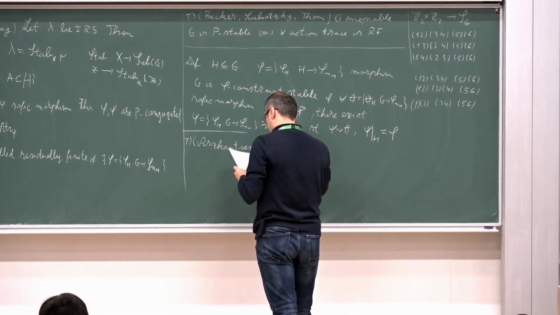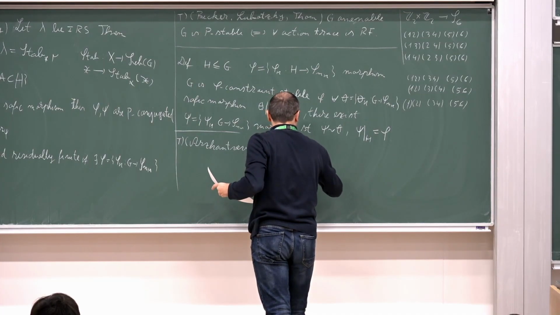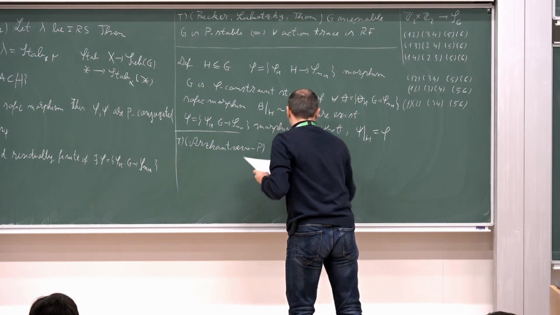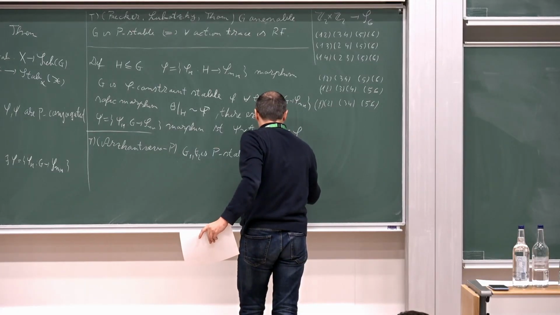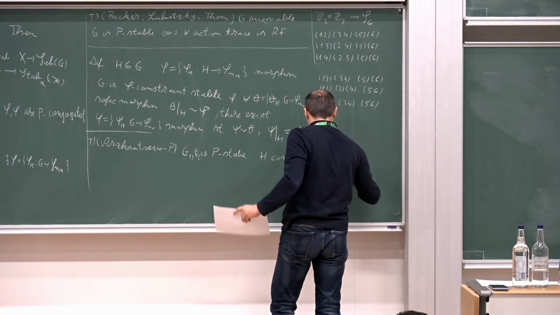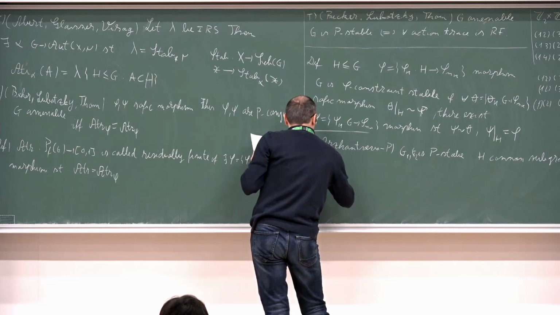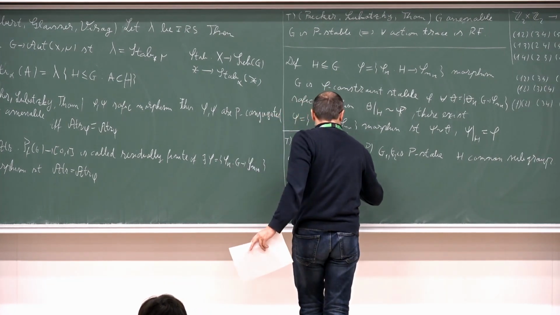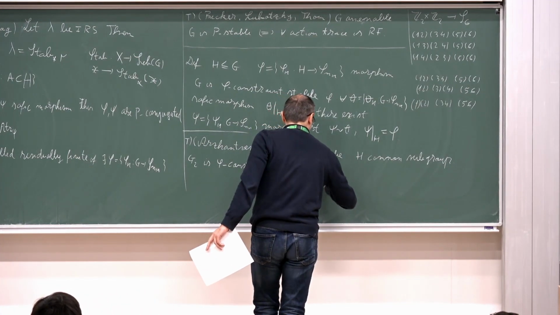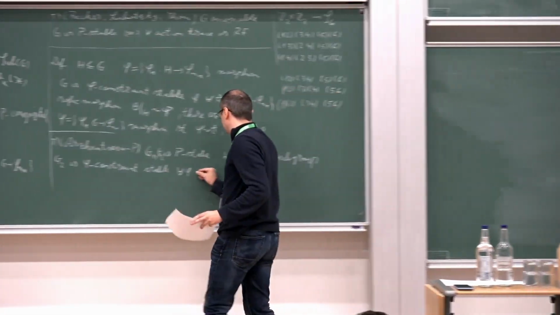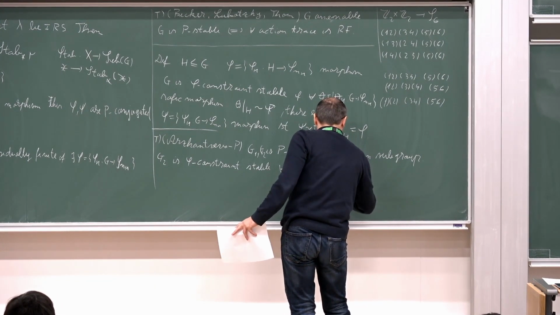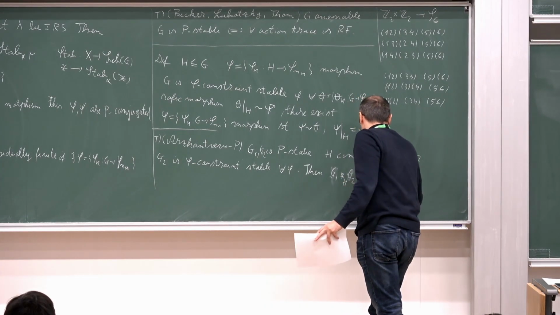If G1, let's say G1, G2 two p-stable groups, H a common subgroup such that G2 is phi-constrained stable for any phi morphism on H, then the amalgamated product G1, G2 amalgamated over H is stable.